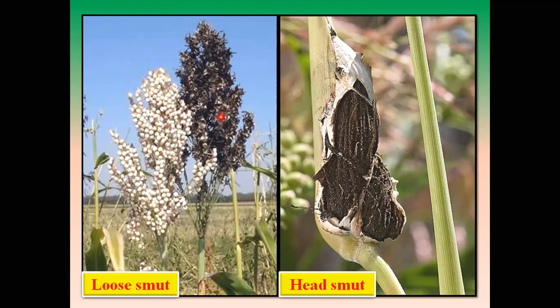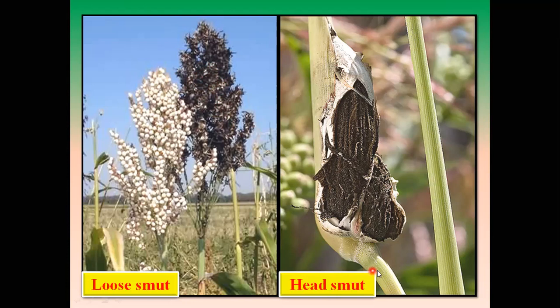This is also an indication seen in infected earheads. The infected spikelets contain black powdery mass, and this black powdery mass is easily released from the infected earheads.